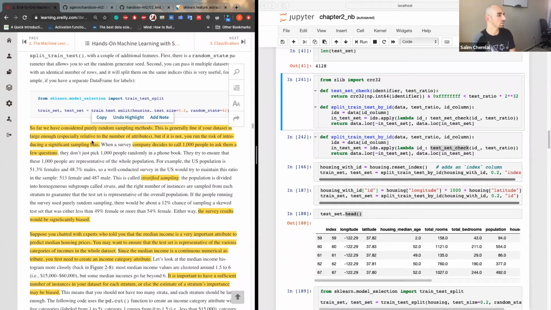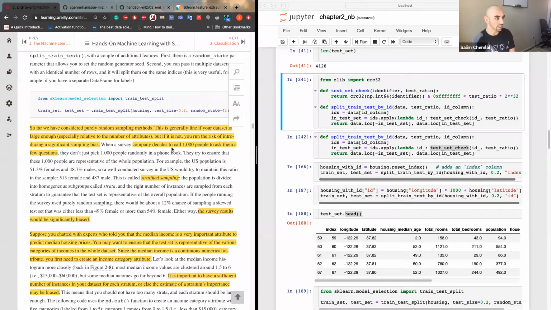We have considered random sampling methods, which is fine if our data set is large enough, but if it's not, you run the risk of introducing a significant sampling bias.